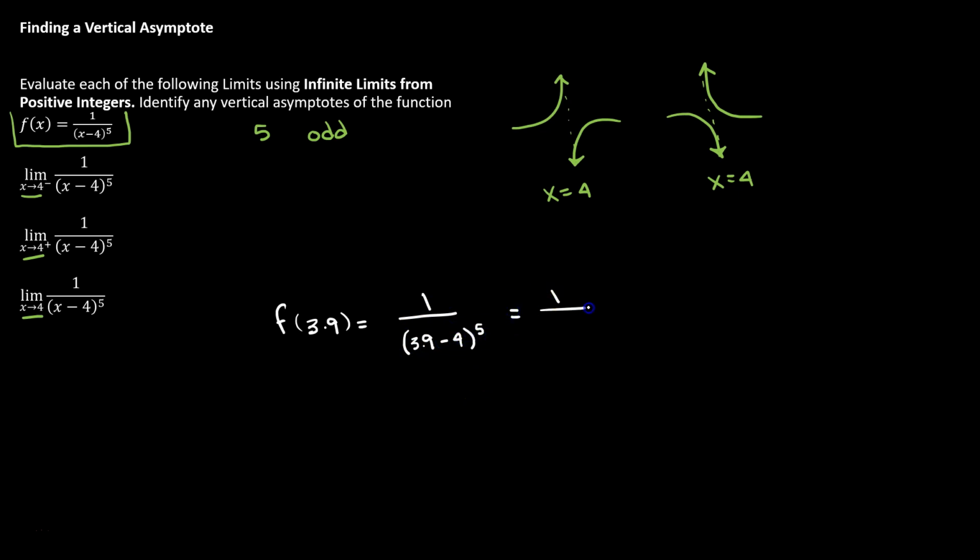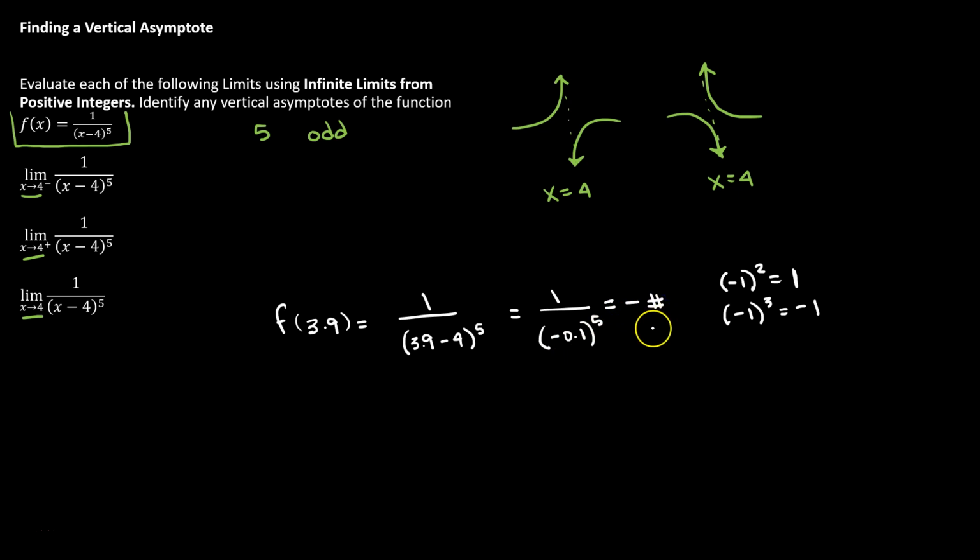3.9 minus 4 in my denominator is going to leave me with a negative 0.1 raised to the 5th power. Now remember that odd exponents will spit out negatives. Negative 1 squared comes out as a positive number, but negative 1 cubed, an odd exponent, comes out as a negative number. So I know this expression, 1 over negative 0.1 to the 5th power, is going to be a negative number.